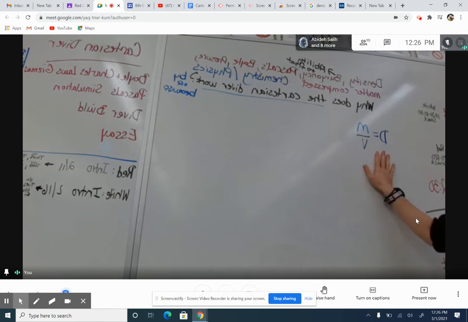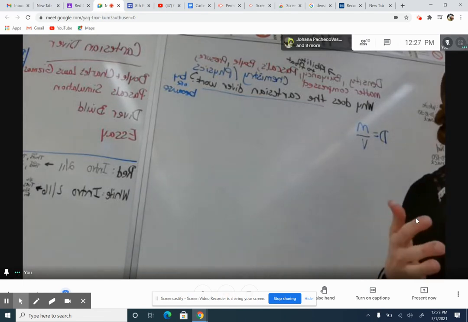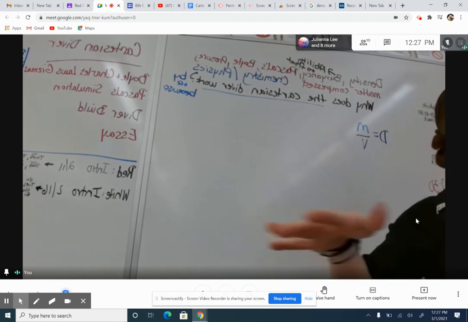So let's put this to the side for a minute and see how that helps explain why the diver works. Well, what does density tell us about an object? If something was more dense than water, where would it go, Ava? Sink. And if something was less dense than water, it would float. If it had the same density as water, it would stay right in the middle, right?